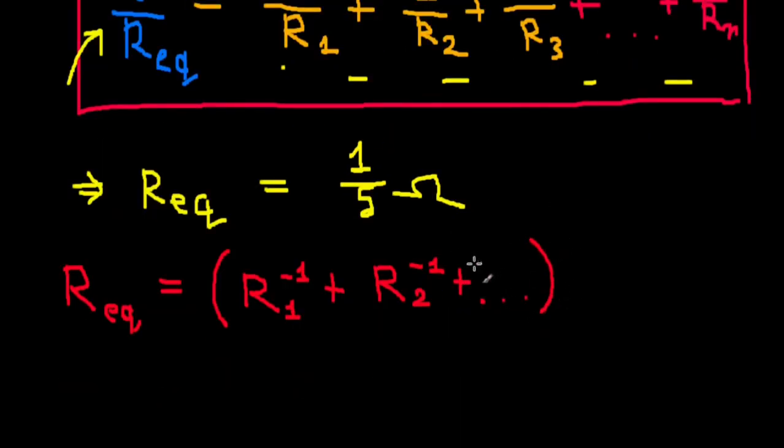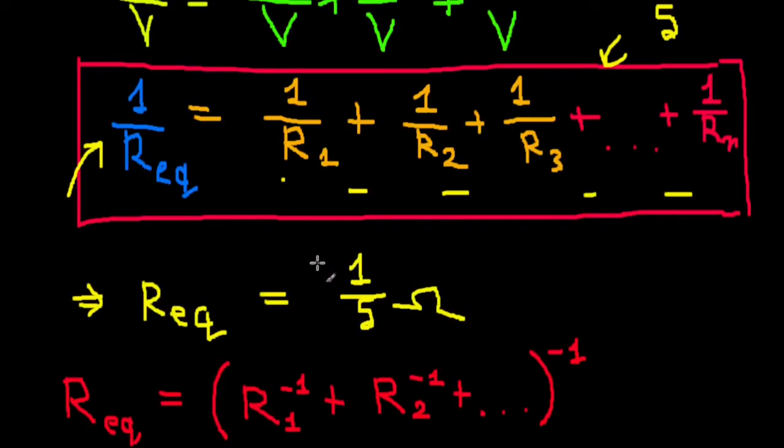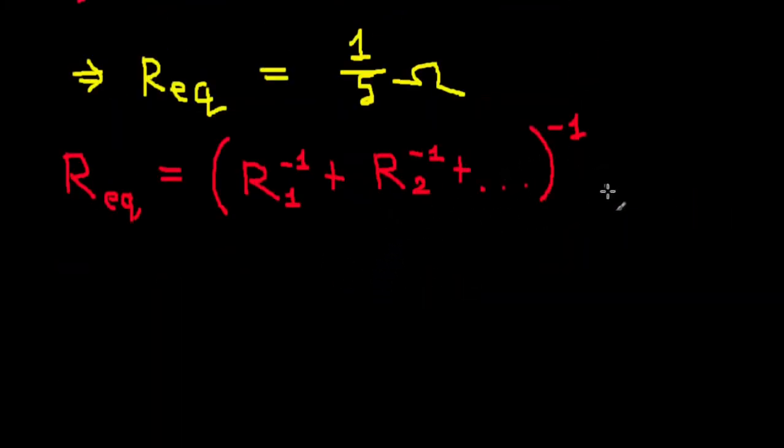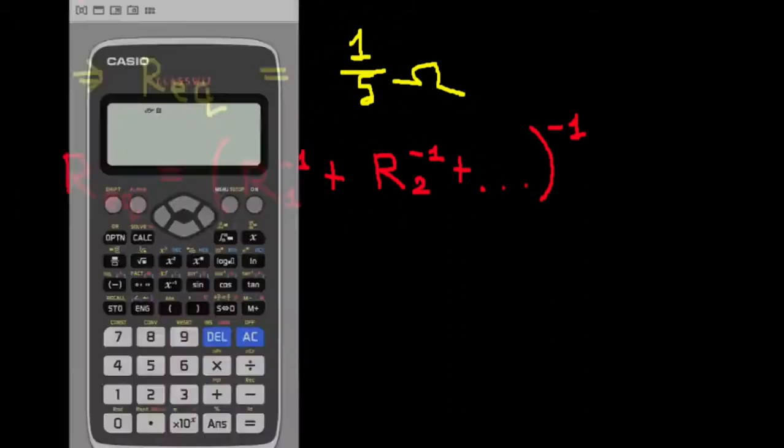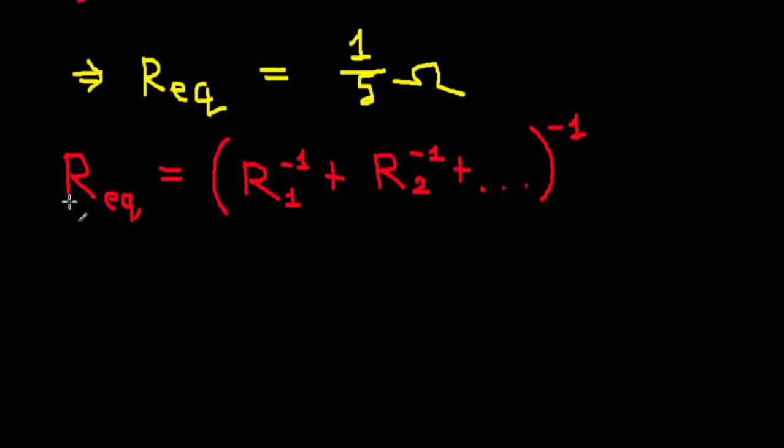The sum of all the inverses, or reciprocals, and then you take a reciprocal outside. This is convenient because you can just plug in the numbers in the calculator and you wouldn't forget to take the reciprocal at the end.